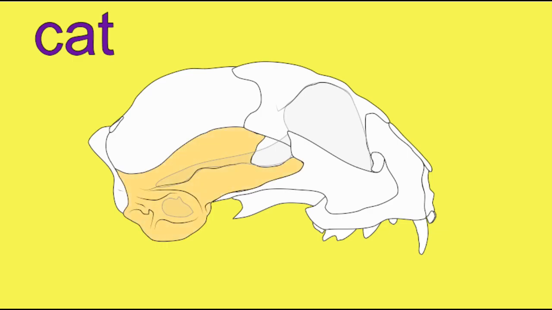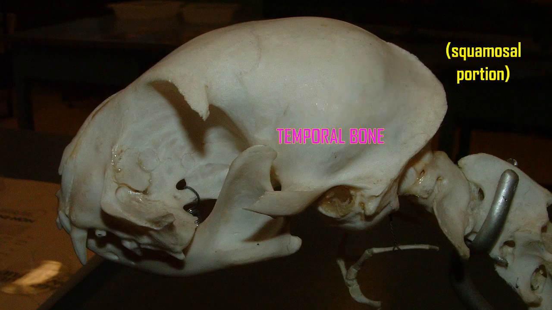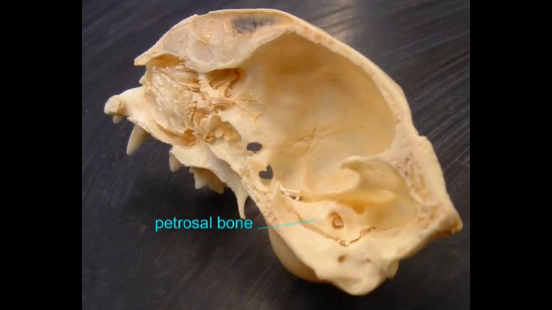Ancestrally, the temporal bone of humans was composed of two separate units, the lateral squamosal portion, a separate bone, and the medial petrosal bone. The squamosal portion included the zygomatic process, helping to form the zygomatic arch for jaw muscles, the external auditory meatus, which is the site of the external ear and the auditory canal leading to the middle ear, and the mastoid process for muscle attachment.